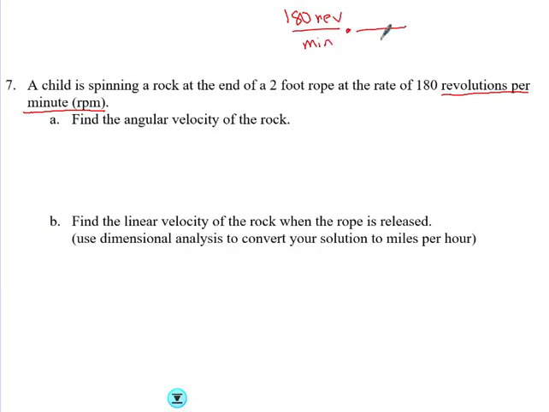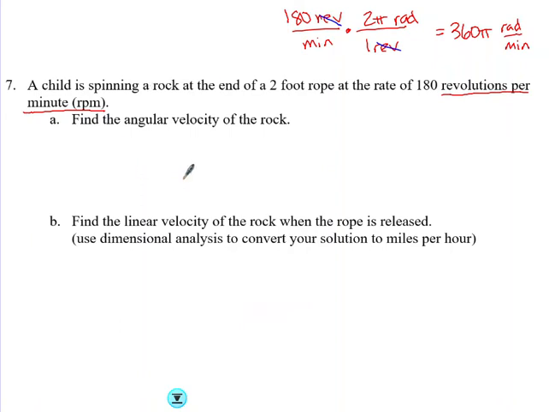We know 1 revolution is equal to 2 pi radians. Our goal is to have the units of revolution cross out and end up with radians per minute. So if we multiply this together, we get 360 pi radians per minute. So we're going to use this instead of the 180 revolutions per minute when we do our calculations.